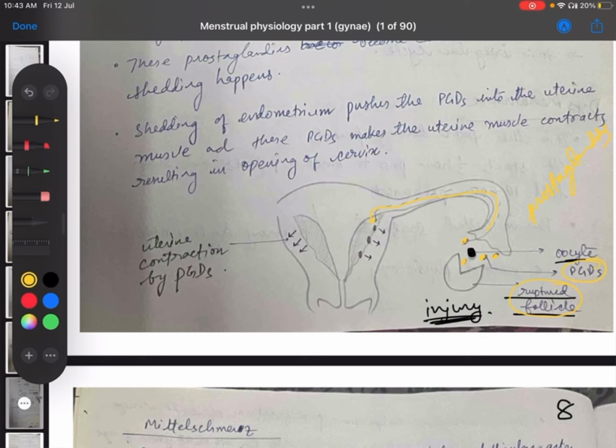This results in the prostaglandin getting inside the uterine wall. As a result, this prostaglandin starts contracting the uterine muscles. So this prostaglandin is the main important factor here, which helps in vigorous uterine contraction. So vigorous uterine contraction takes place and period cramp starts.